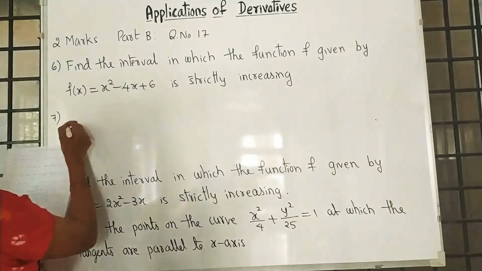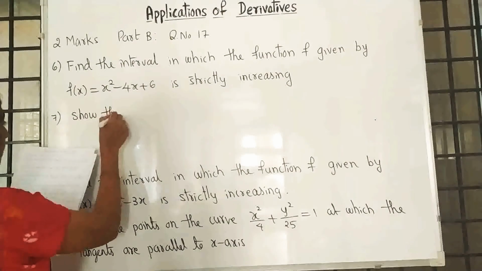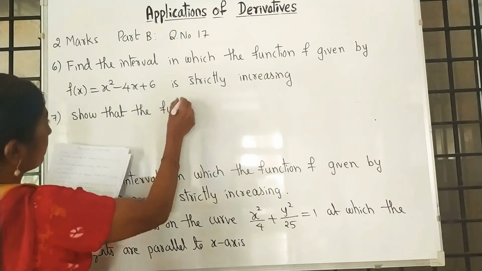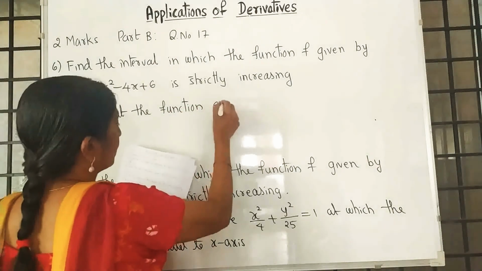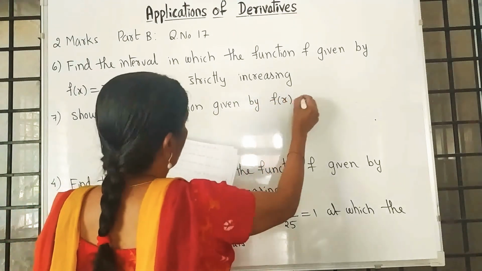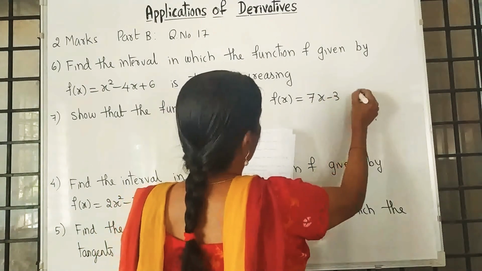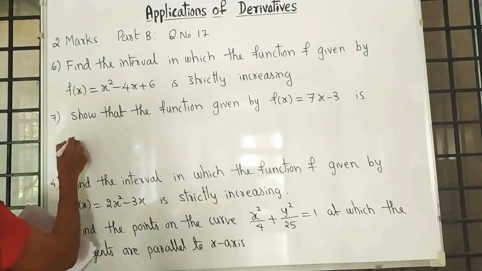Question number 7. Show that the function given by f of x is equal to 7x minus 3 is strictly increasing on R.